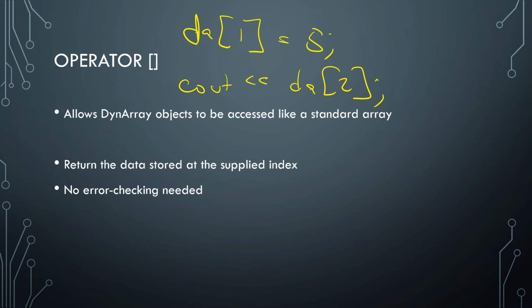If for some reason you wanted to provide only a read-only version of this operator for your class, and you didn't want someone to be able to manipulate the data inside of your class using the bracket operator, then we could only overload the one version. So it gives us some options there. But we're kind of opening things up just like we have with the vector class. So we're going to overload both versions.